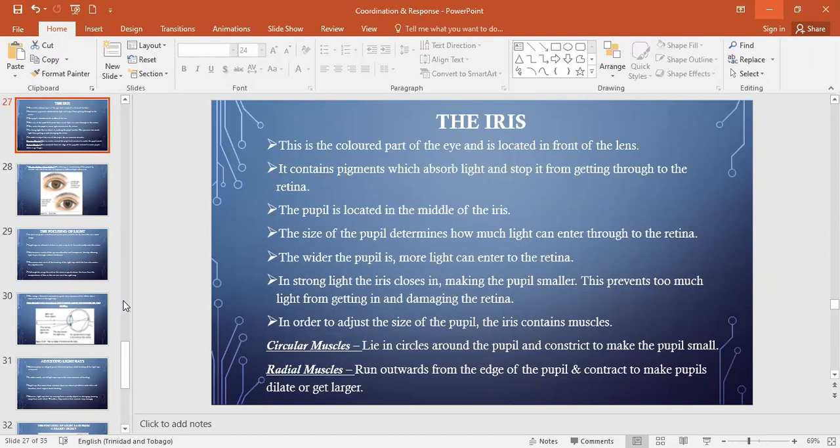And then, apart from your circular muscles, you have radial muscles. You'll remember in maths when you have to find the diameter and the radius.